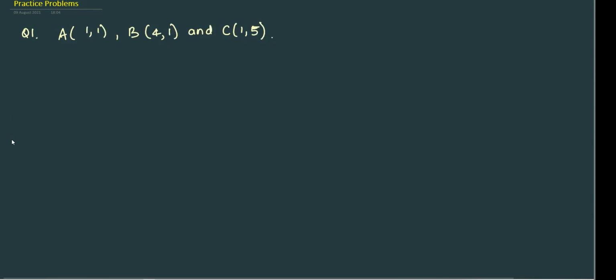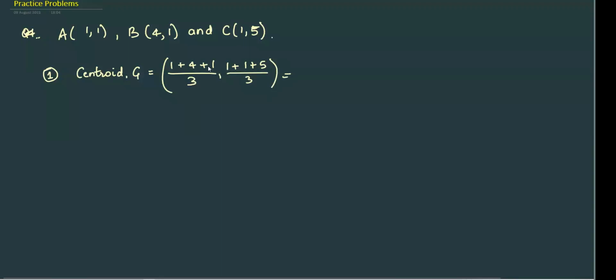Okay. Now, the first question says find the centroid. So centroid G is (1 plus 4 plus 1)/3, that is (x1 plus x2 plus x3)/3, and (y1 plus y2 plus y3)/3.